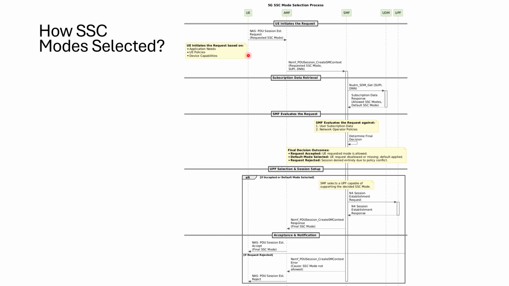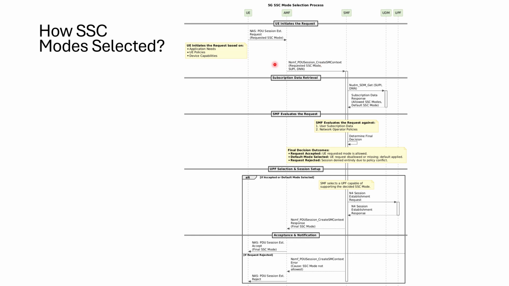In step 1, the UE is going to initiate the request. It starts at the UE, when a device initiates an N1 NAS PDU session establishment request, it does not just ask for data, it evaluates its own application needs and hardware capabilities.